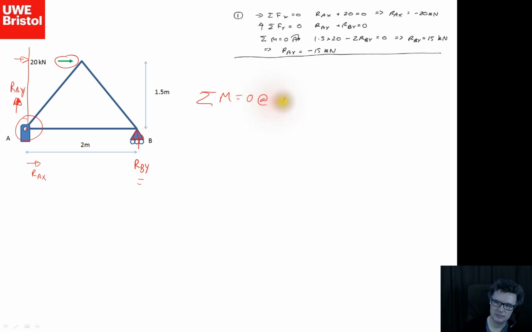at A, I'll have 20 times 1.5 when we're going in the clockwise sense, and then take away what's the distance from here to here, going in the opposite sense. So that will be 2 RBY equals 0.